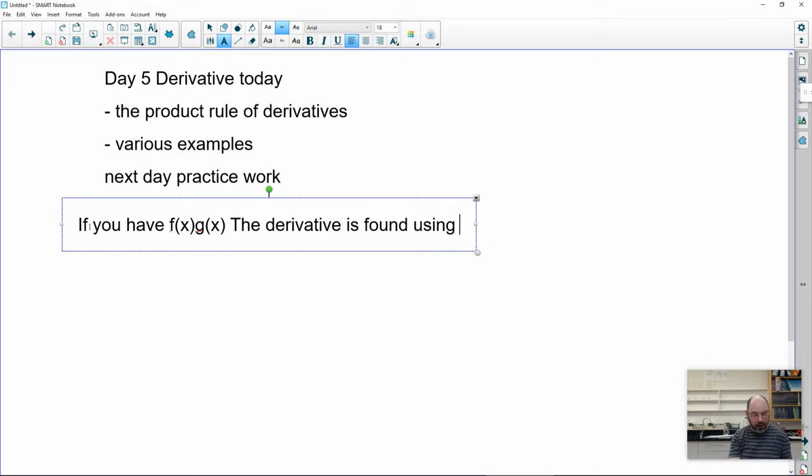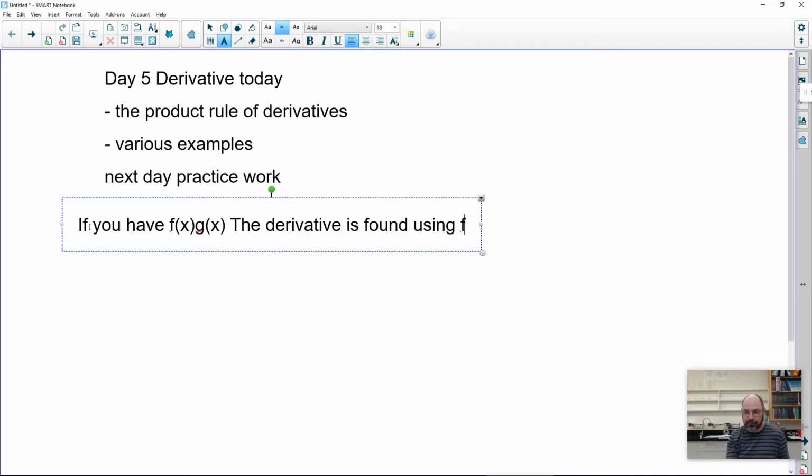It's f of x prime, which means derivative of f of x. So we'll use the prime symbol for derivative. That one there. Okay, times g of x.